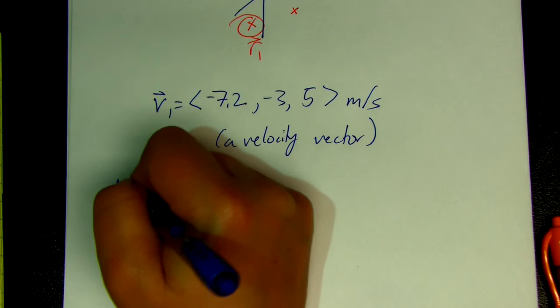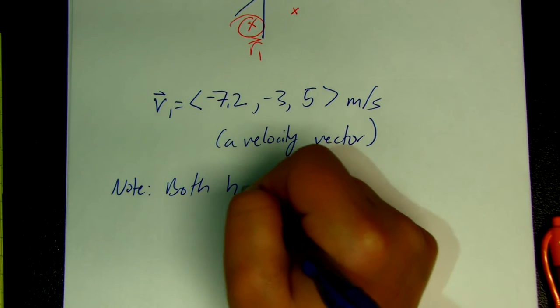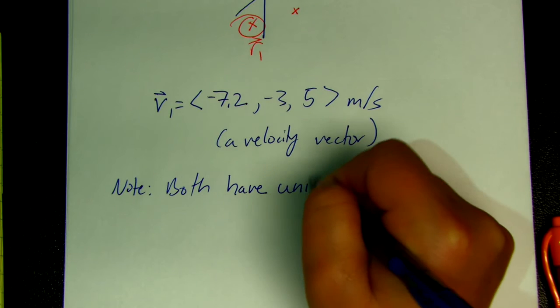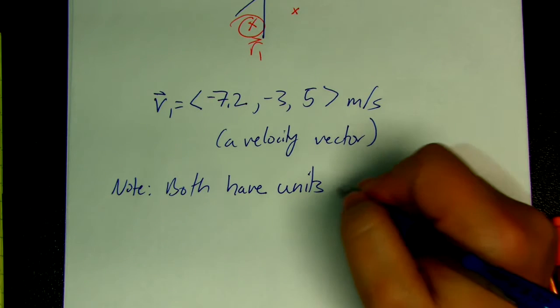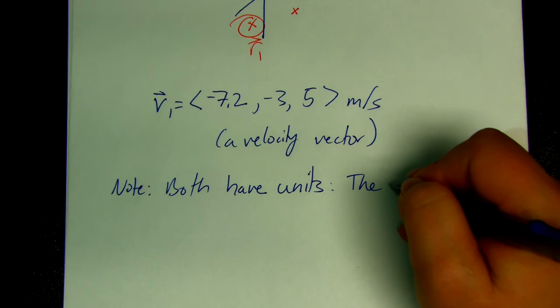Something you've noticed with both of these vectors is that both have units. Units are very important in physics. This is a physical world. We measure quantities.